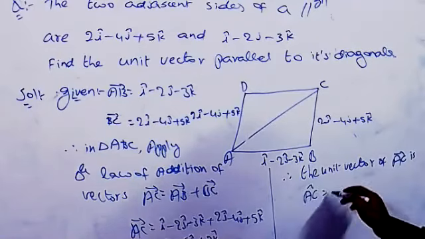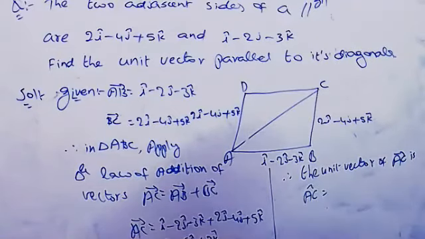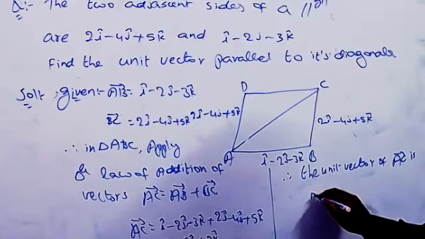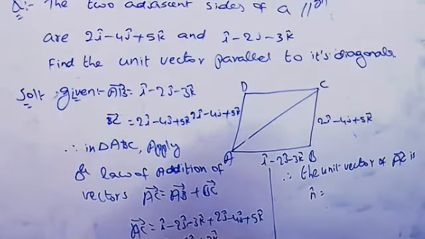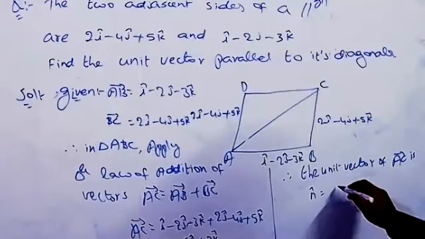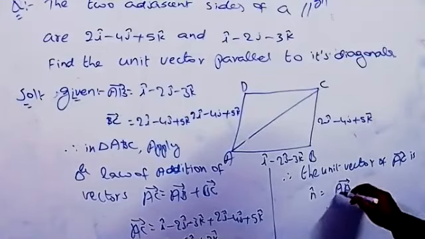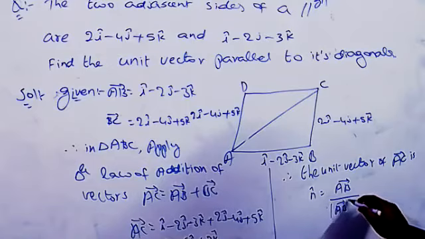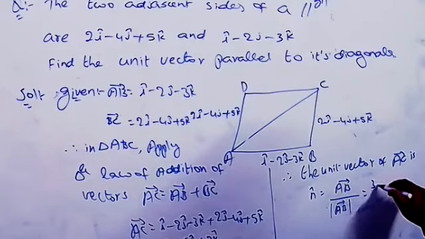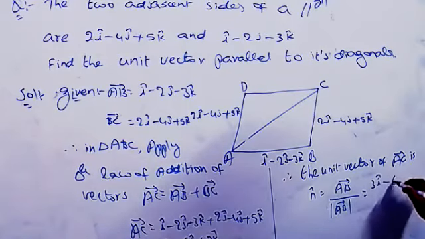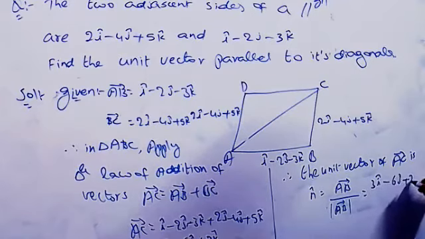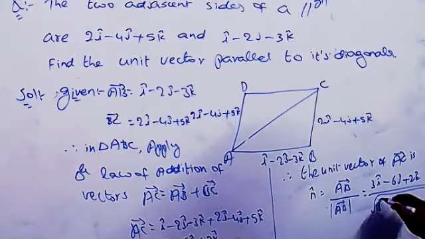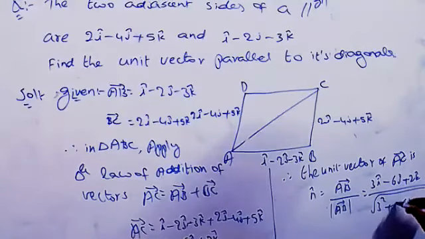The unit vector, or else the n cap symbol, is equal to the vector divided by its magnitude. That equals 3i minus 6j plus 2k whole by the square root of 3 square plus minus 6 whole square plus 2 square.